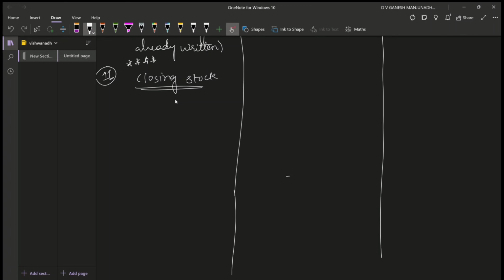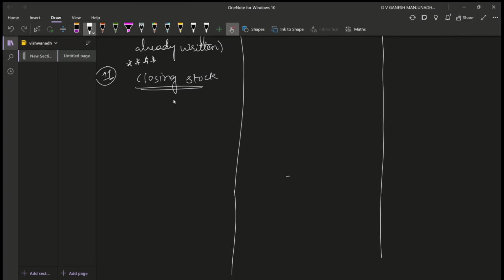And why would the closing stock be written on the credit side of the trading account? Simply, that is according to the matching concept. What does the matching concept say?